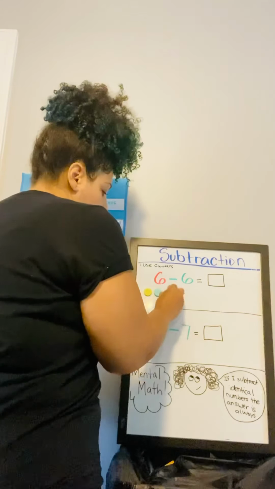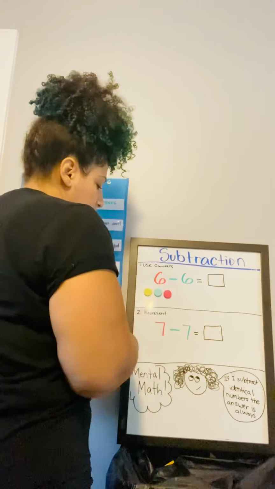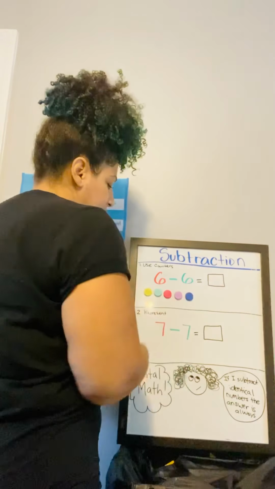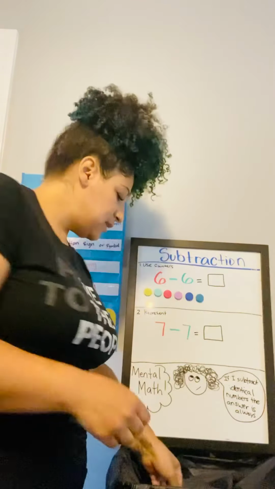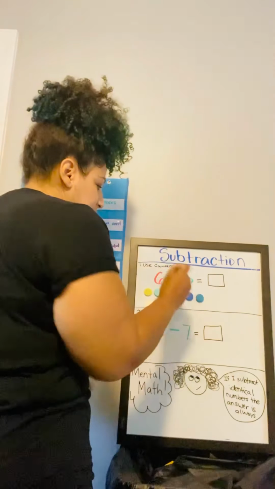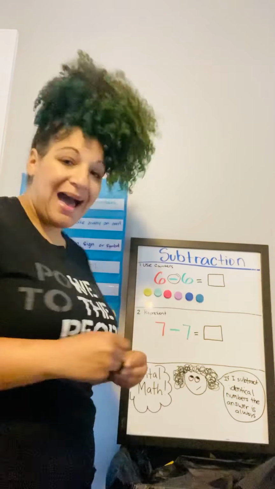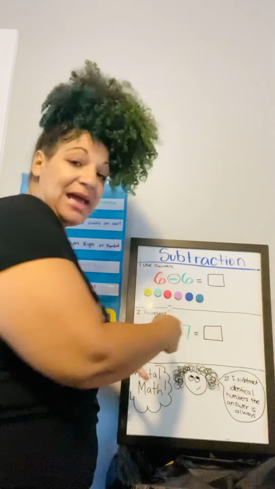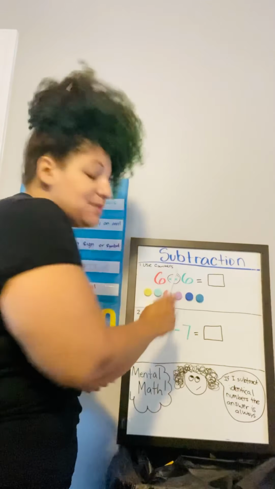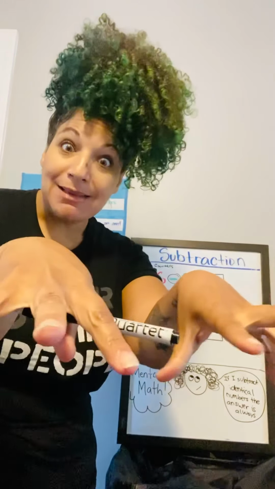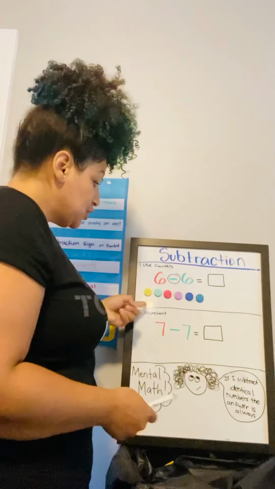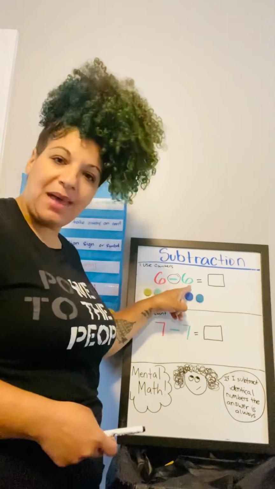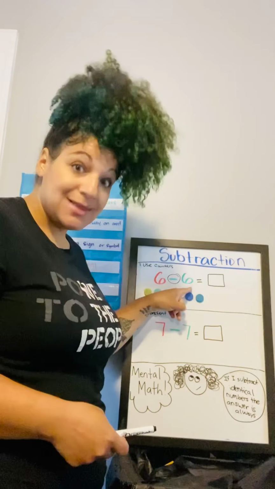So I'm going to count 1, 2, 3, 4, 5, 6. Now, I see here that I have Linus the minus. So I'm not going to be adding or putting more counters on because Linus the minus takes away. So I have to take away this amount. This is 6.